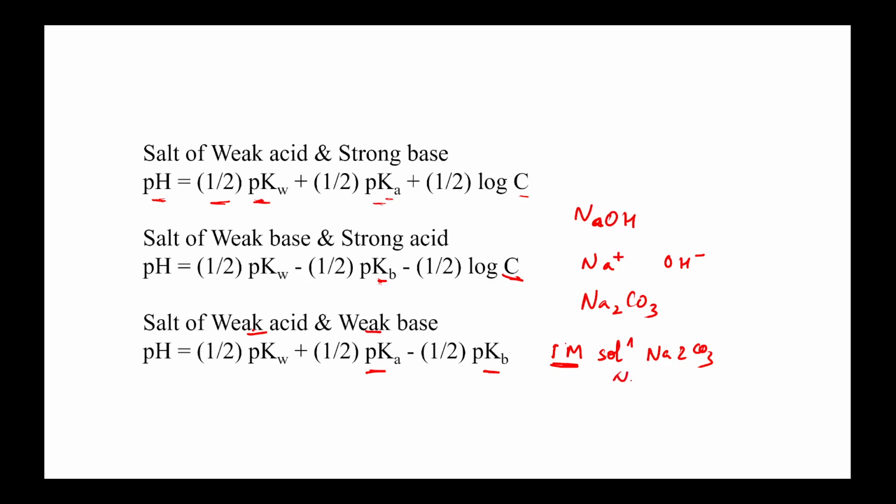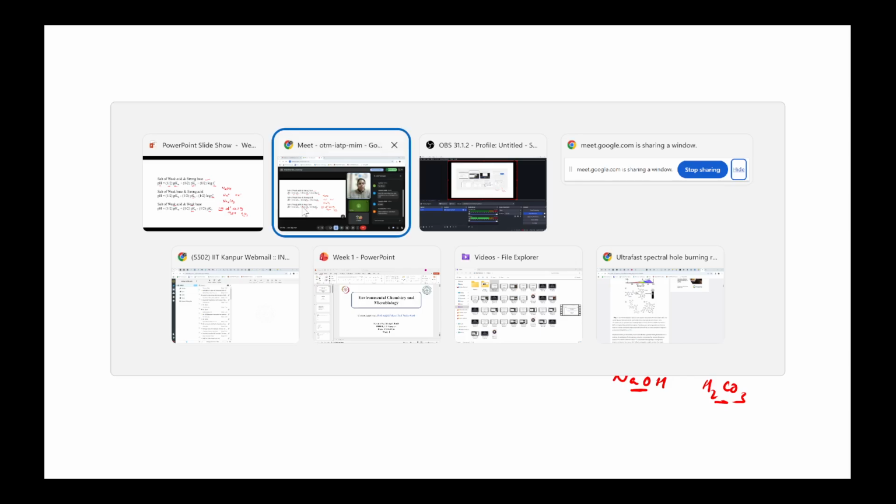It's a salt of NaOH and H2CO3. So the base is strong, the acid is weak. So weak acid, strong base. This is the case, and C will be the concentration of the salt solution. pKa will be given for H2CO3, and we already know the pKw value. So you can calculate the pH of this salt solution.